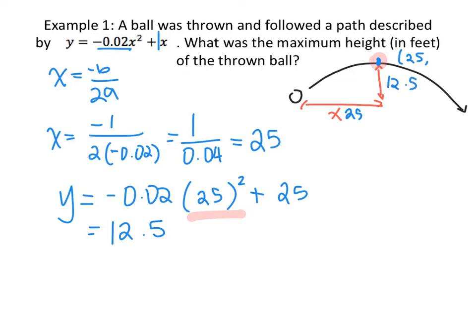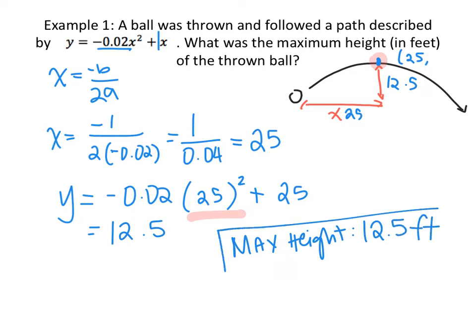Looking at my question again, it's asking what the maximum height in feet of the thrown ball is. I'm going to answer this in a sentence or a phrase at least. The max height of the ball is 12.5, don't forget your unit, feet.